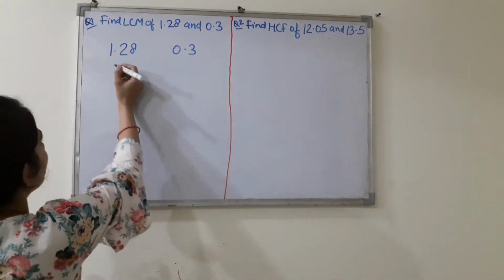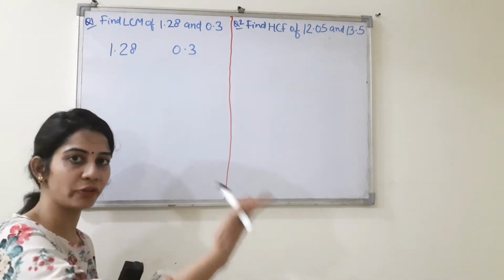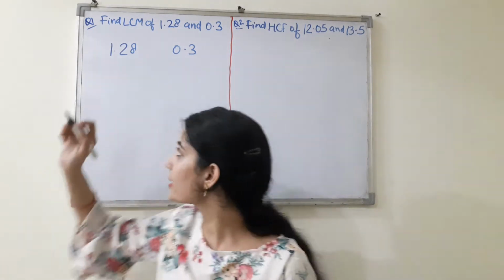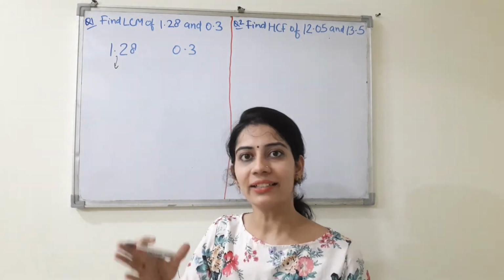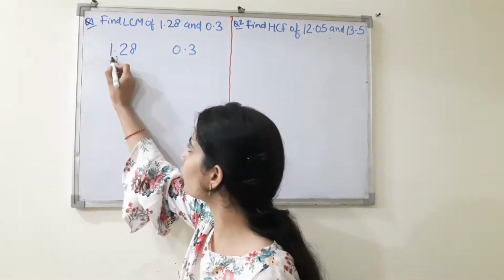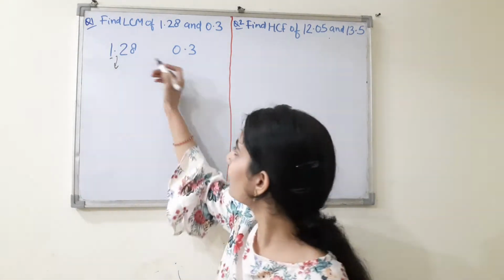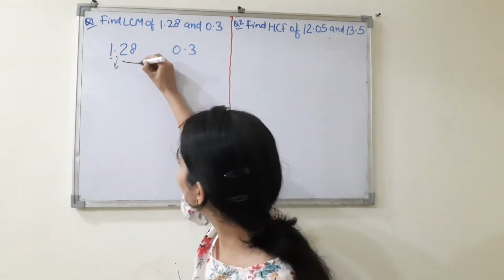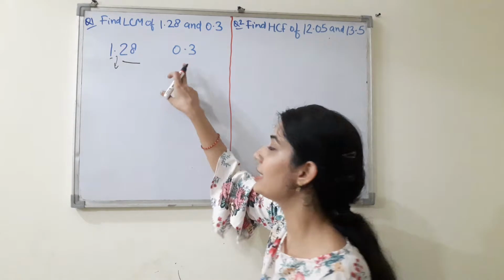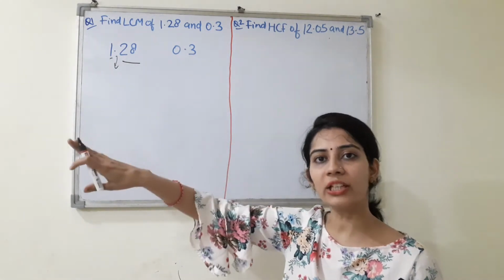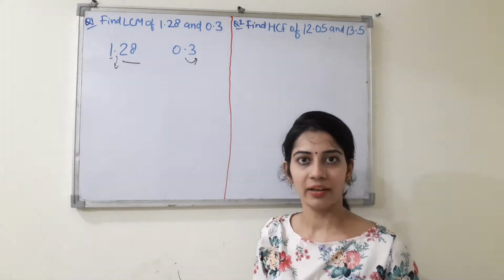For this you have to consider the number of digits after the decimal. This is your decimal point. The digit before the decimal is 1, and the digits after the decimal are 2 and 8. And here in 0.3 the digit before the decimal is 0 and after the decimal is 3.